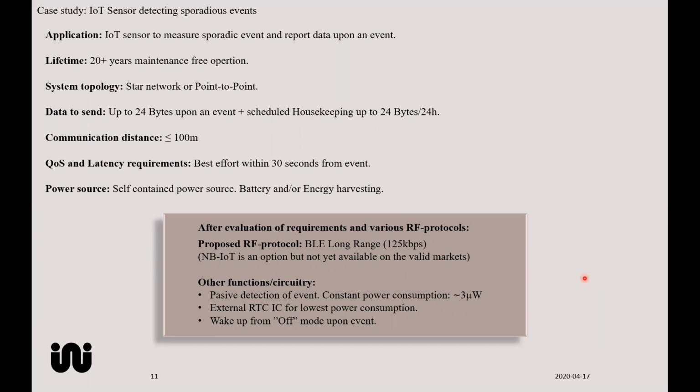The external RTC is used because that consumes in the range of 300 nanoamps, compared to maybe at least 3 times more if you use the embedded RTC in the BLE long range transceiver. So an extremely low power RTC was selected. And then everything else is powered off. So the only thing that is running is the RTC and the passive detection circuitry.